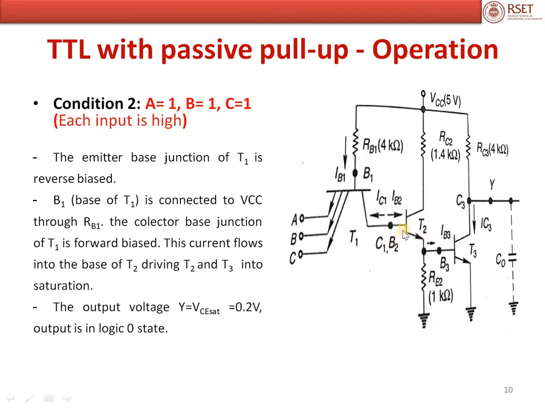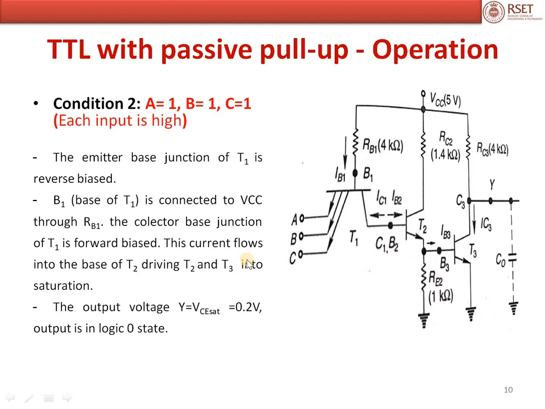If T2 is on, sufficient potential is developed across RE2 so that T3 turns on. If T3 is on, its collector potential becomes low, corresponding to VCE(sat). So the output is in logic state 0.